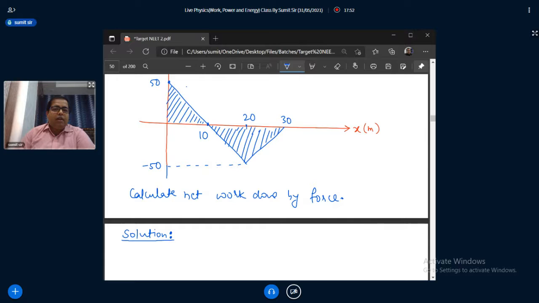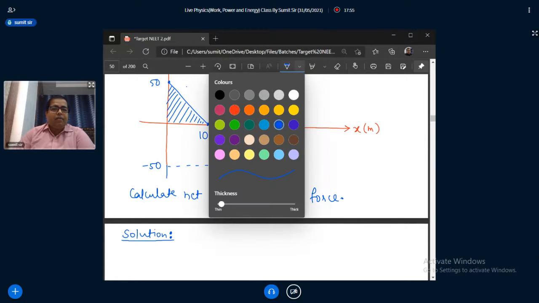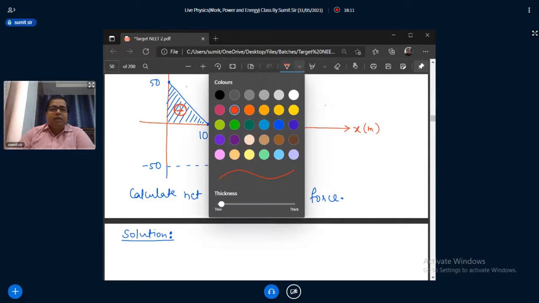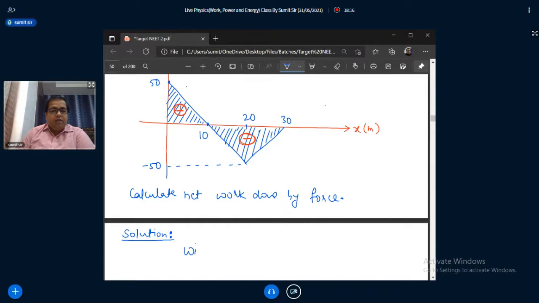Now, see how we calculate work by area. One thing you need to know: the area above the x-axis is positive work done, and the area below the x-axis is negative. So work done is equal to positive area minus negative area. This is how we calculate.